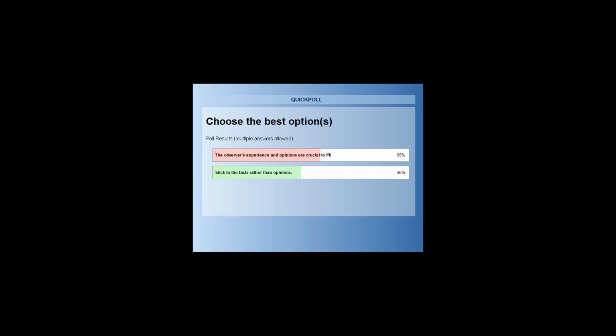Yep. To be a little bit controversial, recently I did an observation with a teacher, and part of the process was for the teacher to elicit feedback from the students through written anonymous feedback.